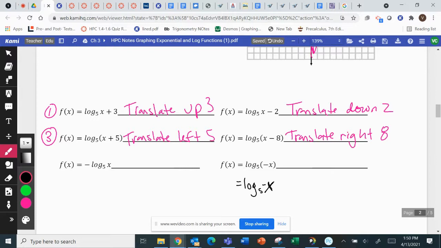It's after the word log, before the x. I don't necessarily need parentheses here. I definitely need them if it's adding or subtracting. So this would be a reflect in the y-axis. Then this would be reflect in the x.